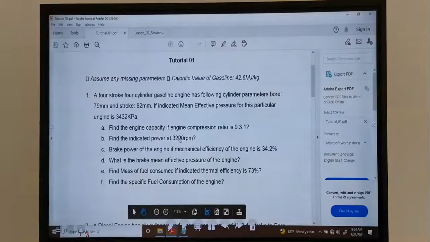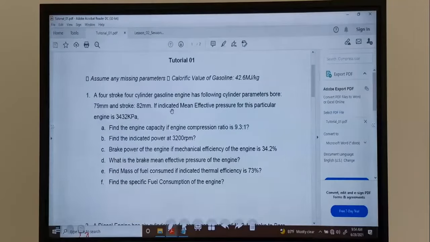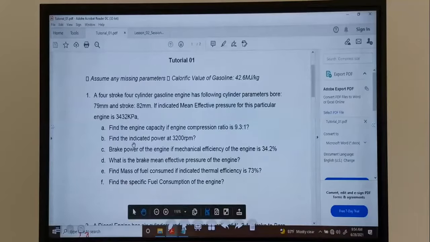So here we need to find the indicated power. In the question they already gave the indicated mean effective pressure, so we know it. We have to find indicated power at 3200 rpm.